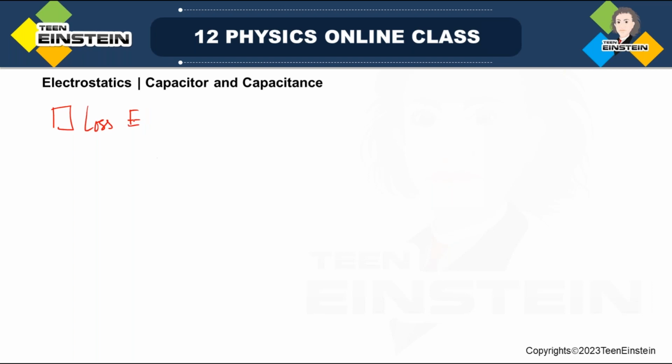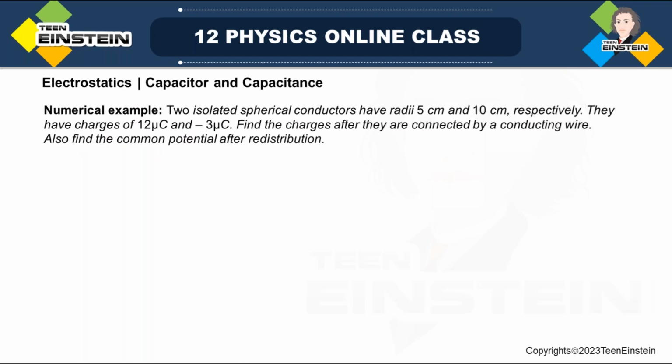There will be redistribution of charges according to the capacitance of the capacitors, so there will be loss of energy for this combination. We'll calculate this loss of energy in the next class. Today we'll just solve one numerical problem and stop.